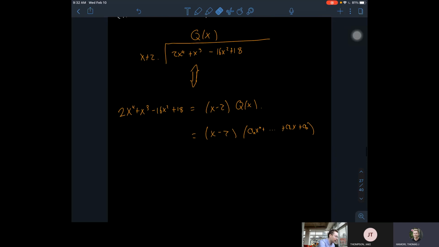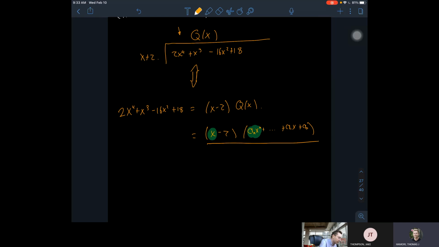Okay, so the point about how we choose the first element of q of x is basically the following. I know that when I multiply this out, the largest power of x term is going to come from the FOIL step of multiplying this x with the largest power of x on the other one.